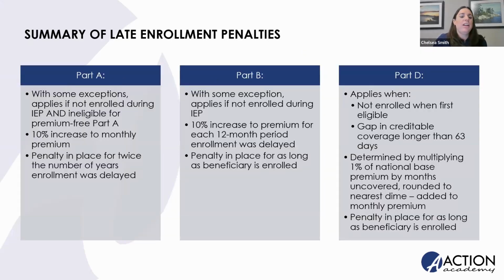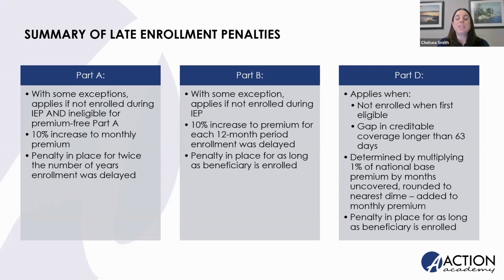Okay, so late enrollment penalties, all three. We have Part A, Part B. Now let's look at Part D late enrollment penalties. So same thing, you get that late enrollment penalty if you don't sign up when you were first eligible, if that gap in coverage is longer than 63 days.